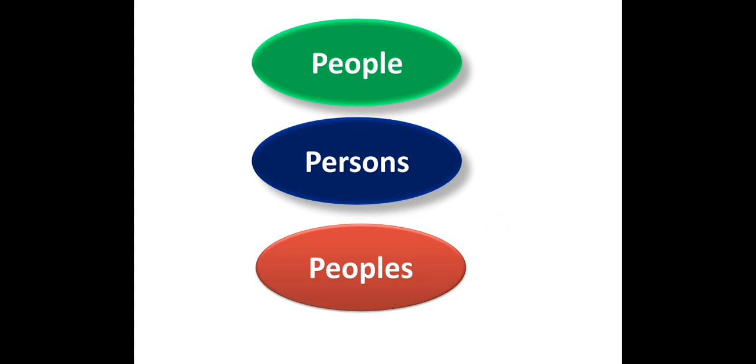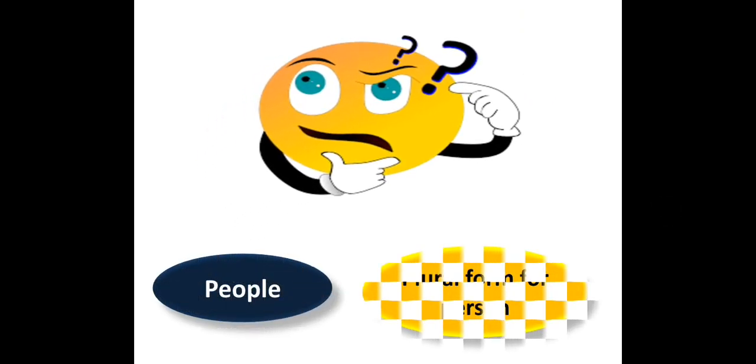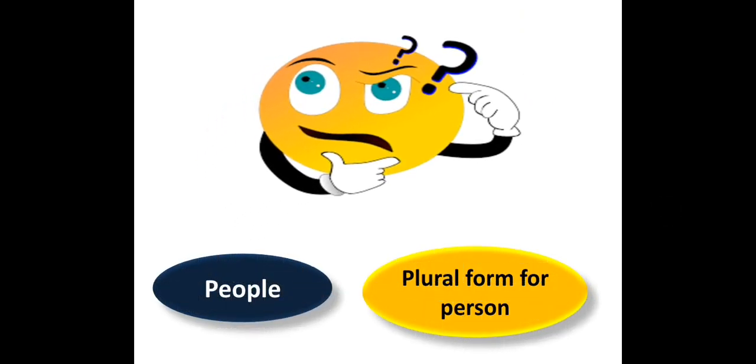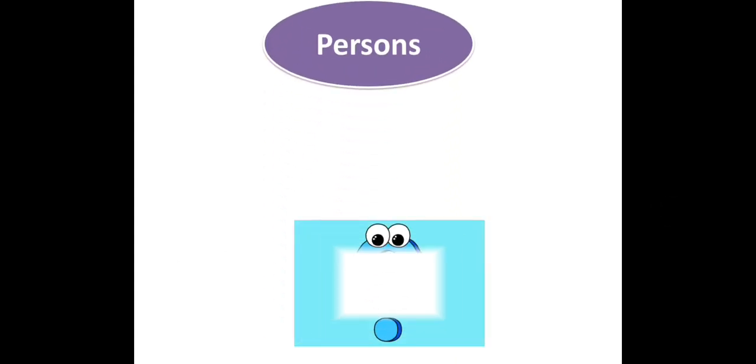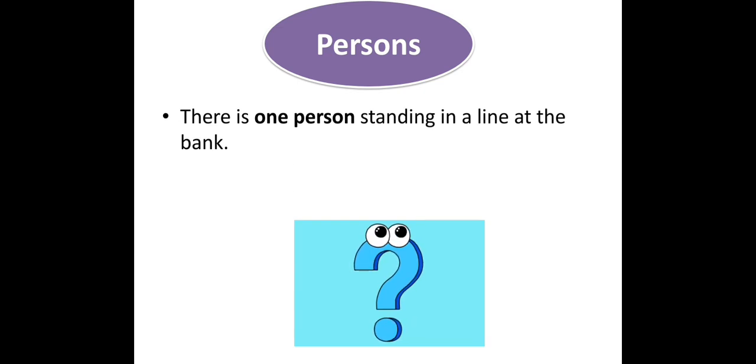You can have a doubt in your mind, like if people is a plural form for the word person, then what does the word persons stand for? If I use the word person in a sentence, like there is one person standing in a line at the bank, and if I want to change person into plural, what would be the sentence?